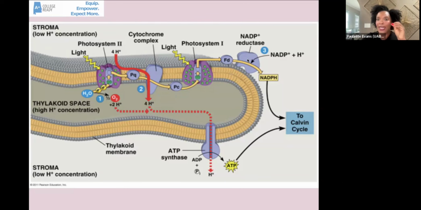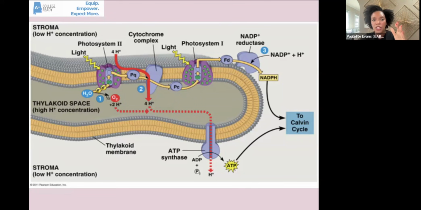And once the electrons get to NADP plus reductase, when you attach electrons here, you'll have a negative charge. Then you add a hydrogen. Then you have NADPH. Y'all, all we've done is moved electrons. Where did the electrons come from? They came from that green pigment you see when you go in the grocery store and you see spinach. That chlorophyll gave away its electrons.